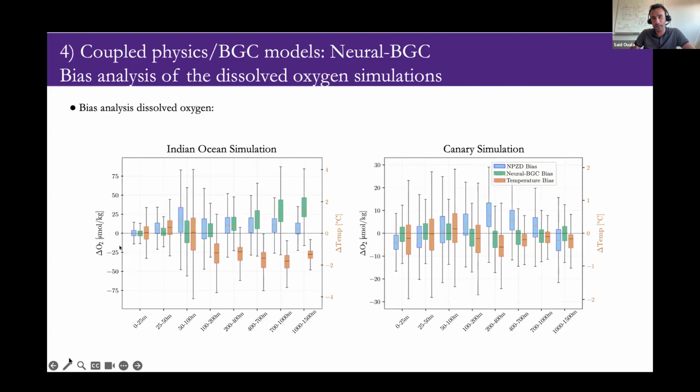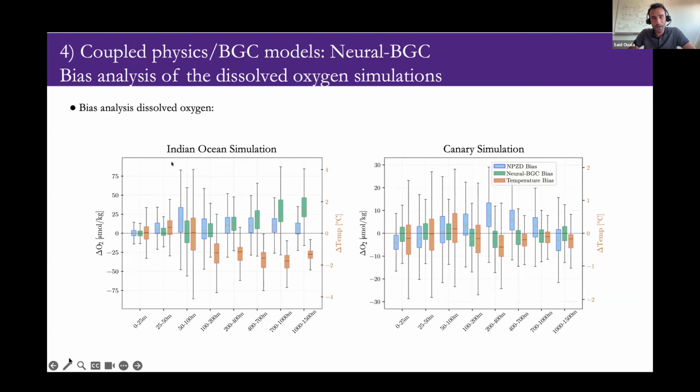I'm plotting here basically the difference between the observations and the simulations, averaged. In green, we have the bias of the Neural-BGC model. And in red, we have the bias of the simulated temperature, so basically the physics that is driving our Neural-BGC model.